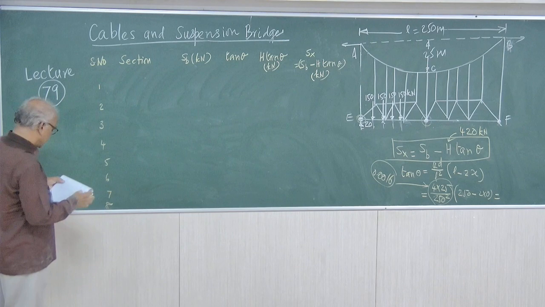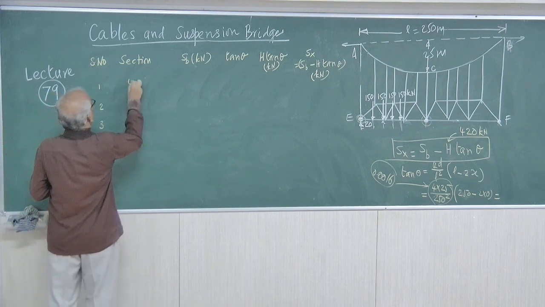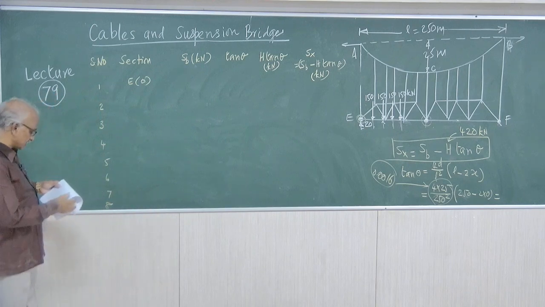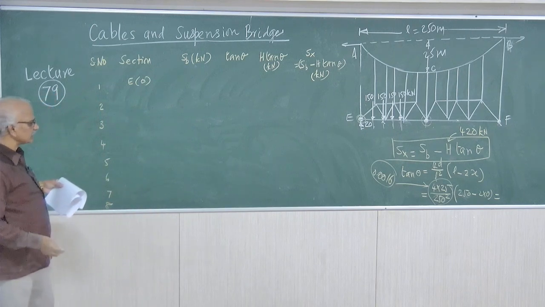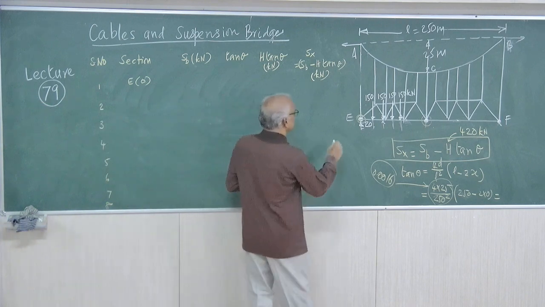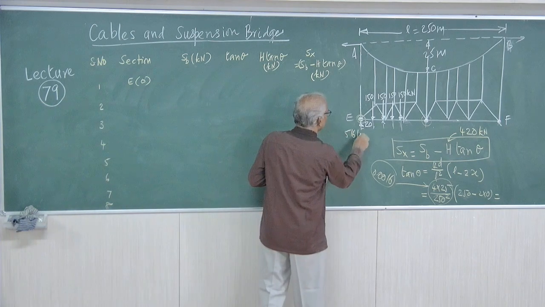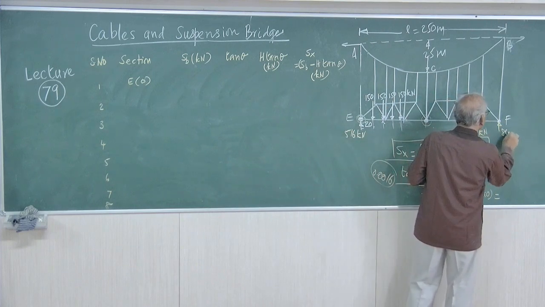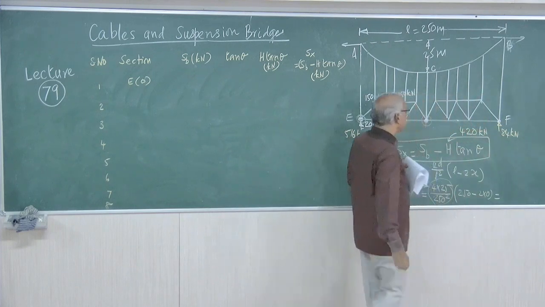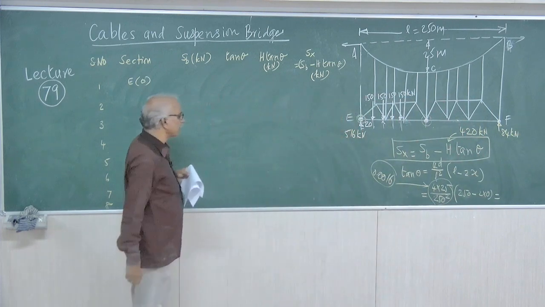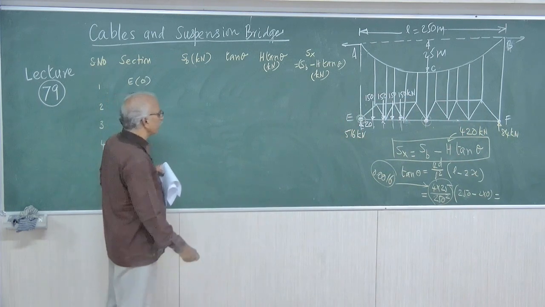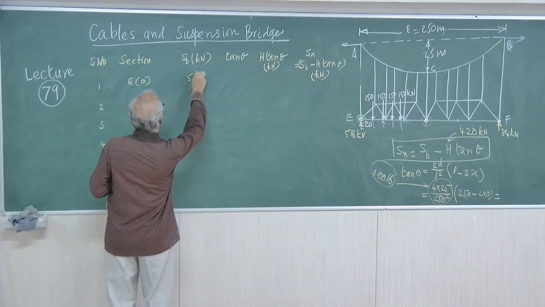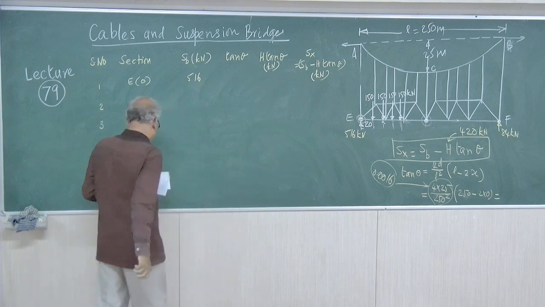Now the section at E, that means 0 meters, there is a reaction VE equal to 516 kilonewton, and we know VF equal to 84 kilonewton. Therefore, at the left end there will be a vertical shear 516, so it is VE itself. So the beam shear is 516 kilonewton.